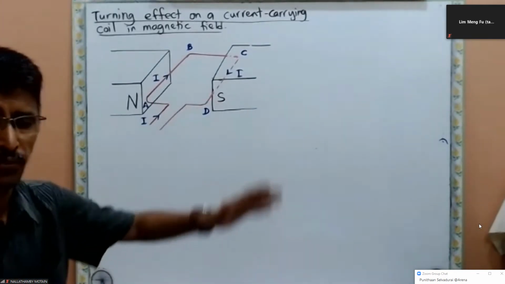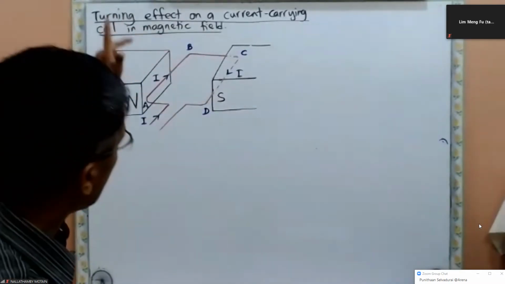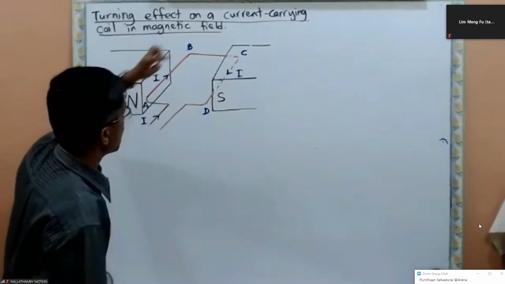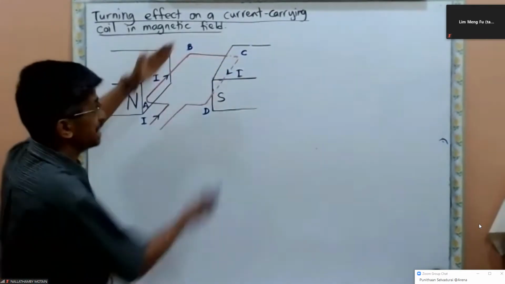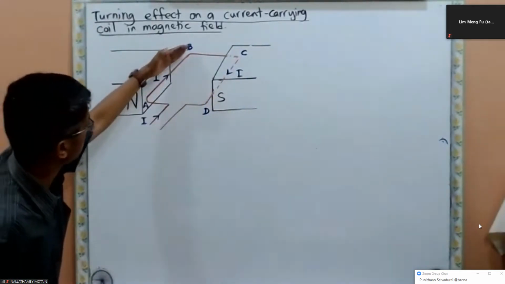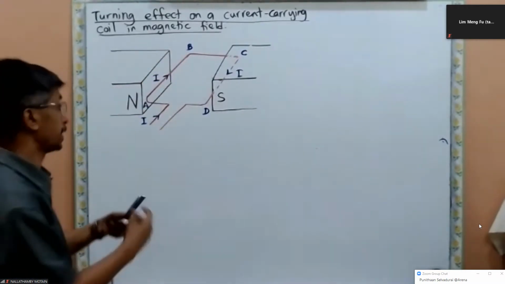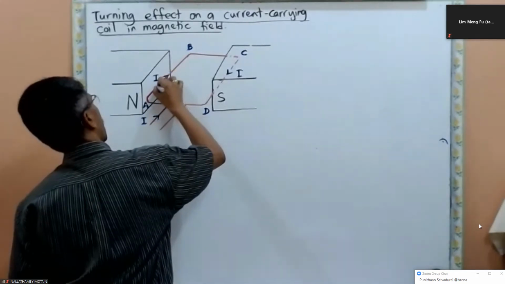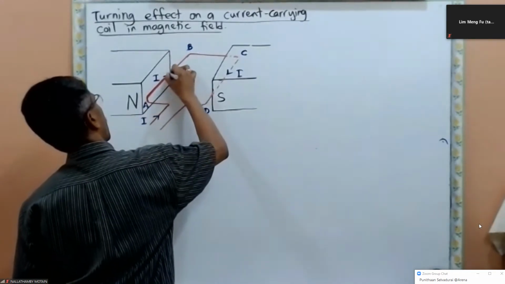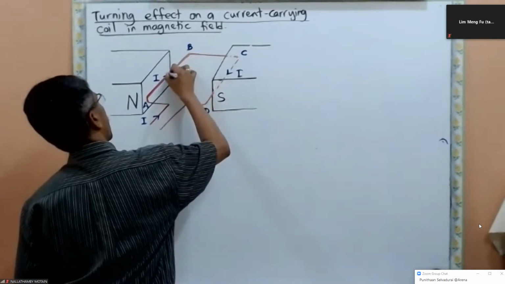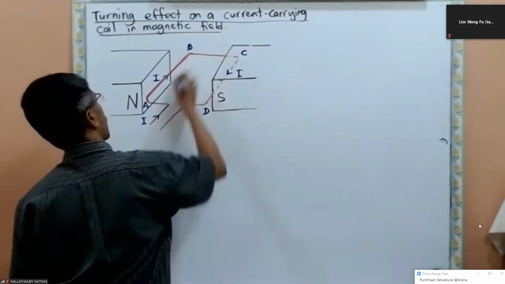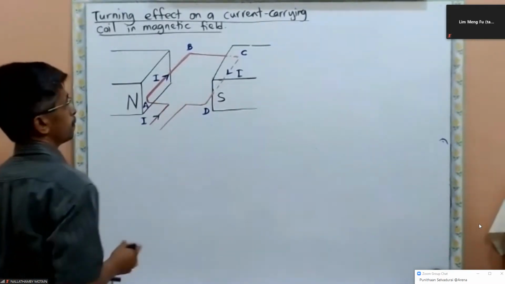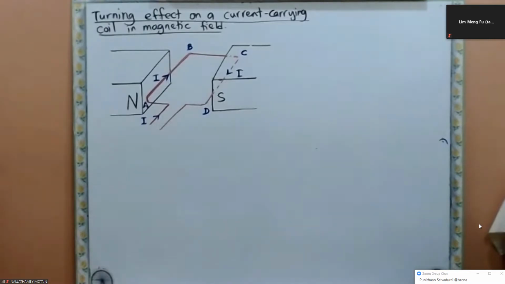Next we use Fleming's left hand rule to identify the direction of force acting on the arm AB and also arm CD. You mean the side. Okay, let's check this side, on arm AB.